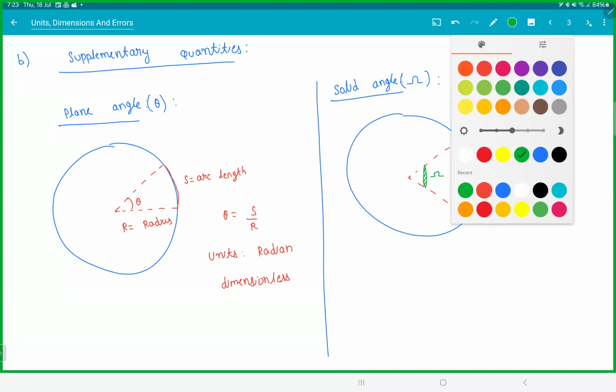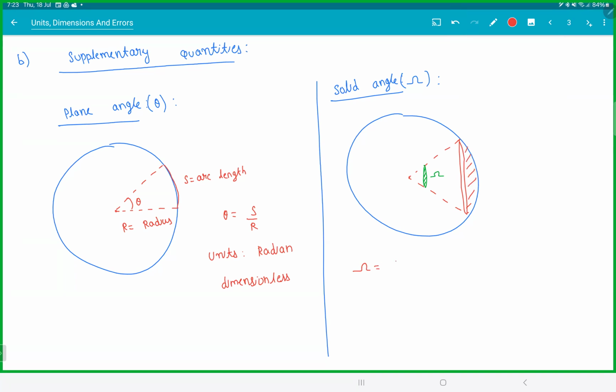We define the steradian angle as that surface area, the shaded one, by r square. Don't worry too much about it. We will see it later in electrostatics, where we are going to use it. For now, it is fine. The units for this thing are steradians. This is also dimensionless.